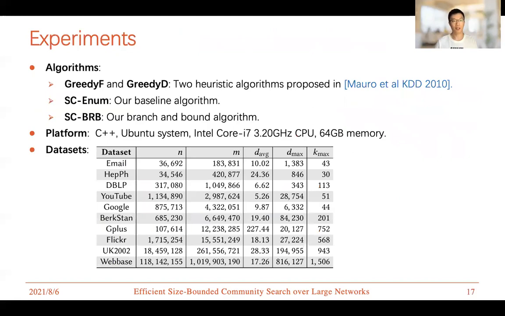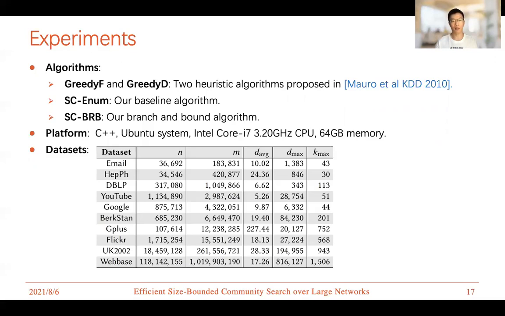Next, let's see the experiments. We evaluate the following algorithms: Greedy F and Greedy D, 2 heuristic algorithms proposed in another paper, which are solving the same problem as ours. SCBRB is our branch and bound algorithm equipped with all the proposed techniques.